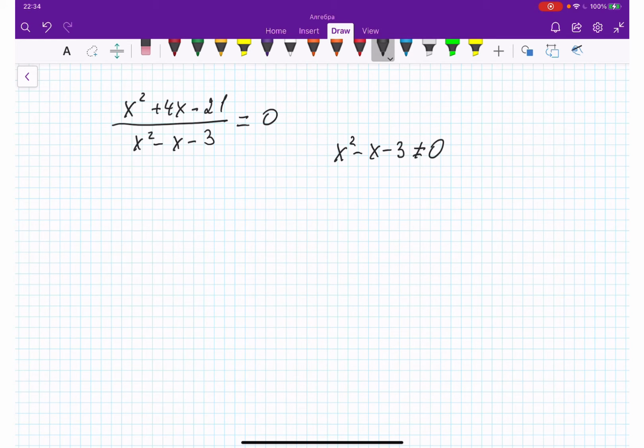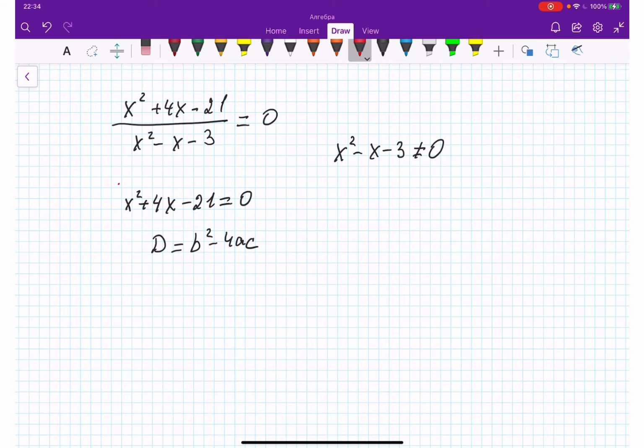Okay, let's solve it. So we have x squared plus 4x minus 21 is equal to 0. So let's check the discriminant. The discriminant is b squared minus 4ac, right?